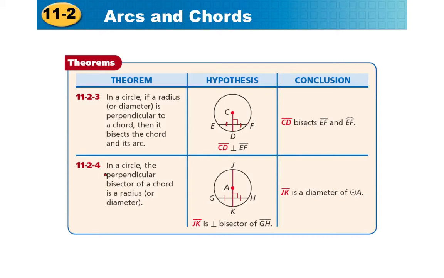And the next theorem says in a circle, the perpendicular bisector of a chord is a radius or a diameter. So this is your chord. If you find the perpendicular bisector, it's going to go through the center, and it generates either the radius or the diameter.